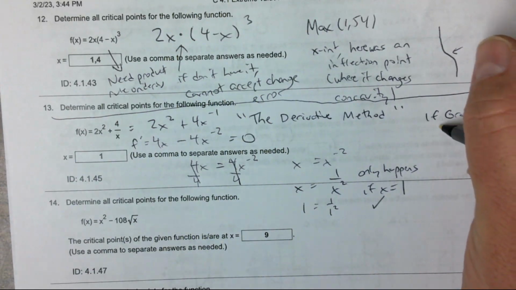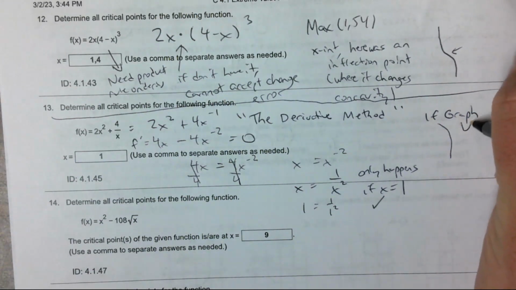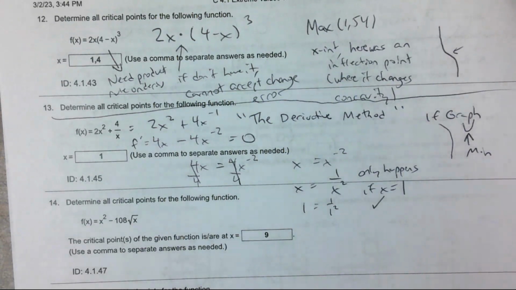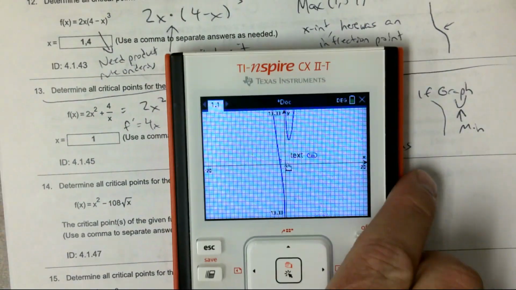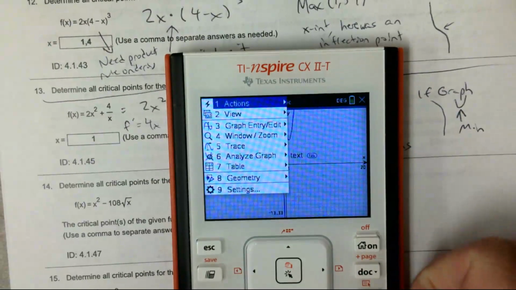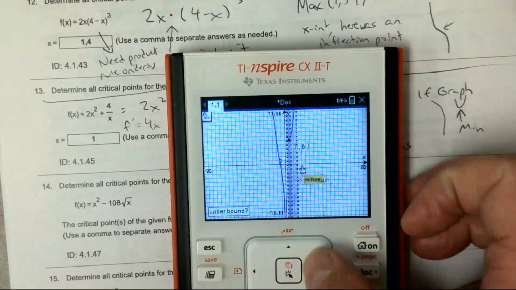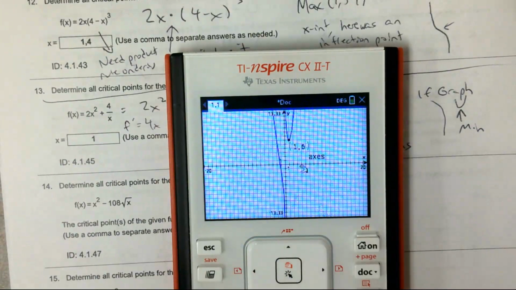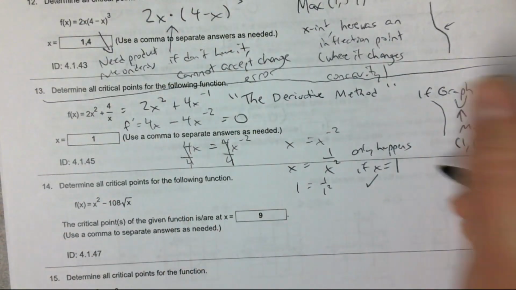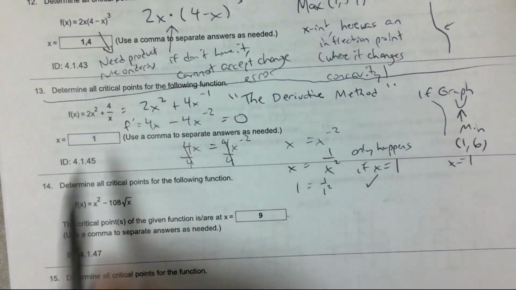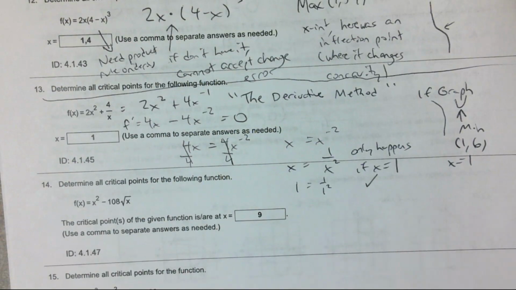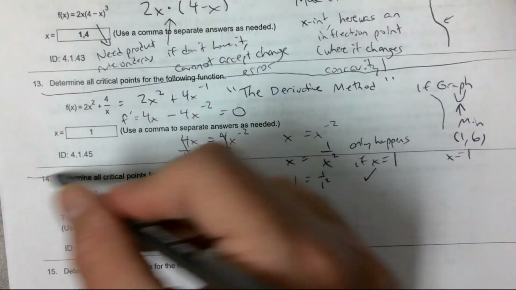It goes down, and then it has a little thing like that. And so this spot is a minimum. And so if we go to minimum, from here to here, we get 1, 6. And so x equal 1 is your answer. Okay? All right, 2 more.